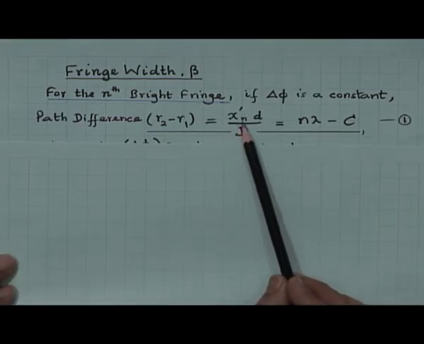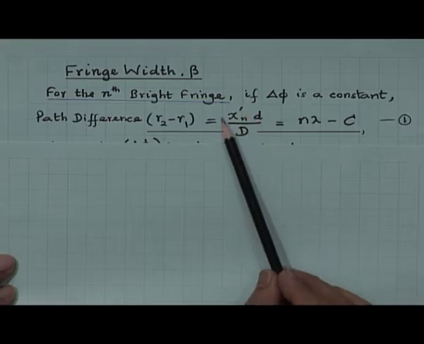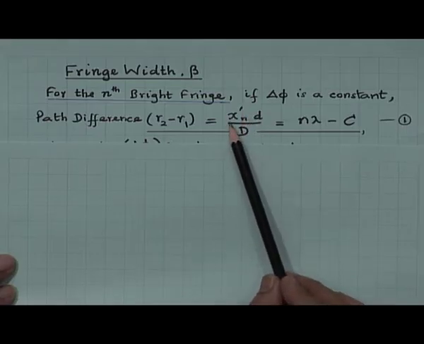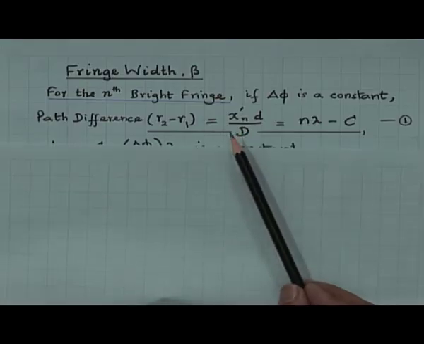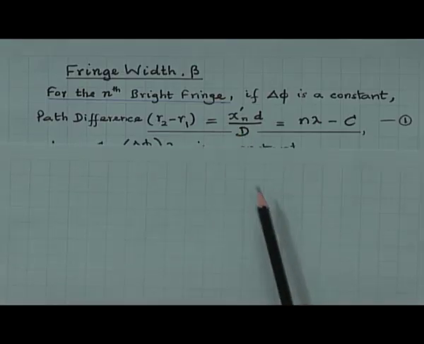I have written x n dash just to distinguish that now we are dealing with a case where there is a finite delta phi, otherwise it is the same x n as before.